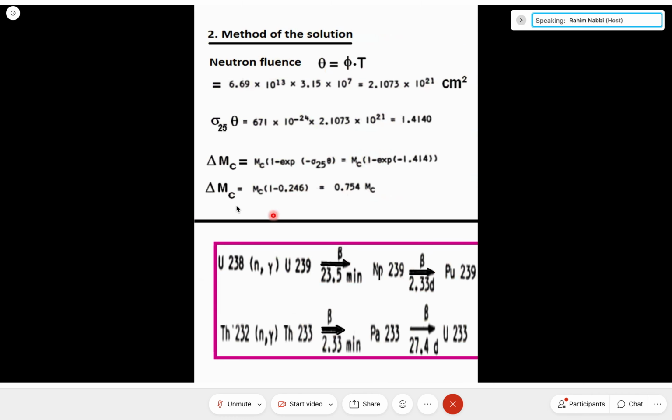Now, we have a second method, but in other units. Neutron flux or fluence. Fluence is flux multiplied by time. Flux is given, this value. Time is 1 year, in seconds, given. You calculate the numbers. That will be the fluence in this unit.